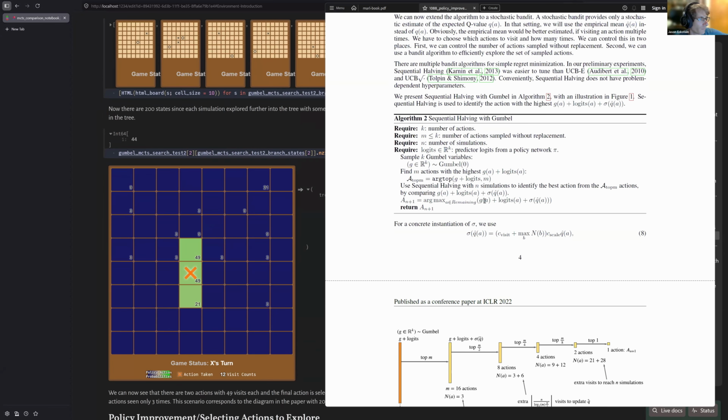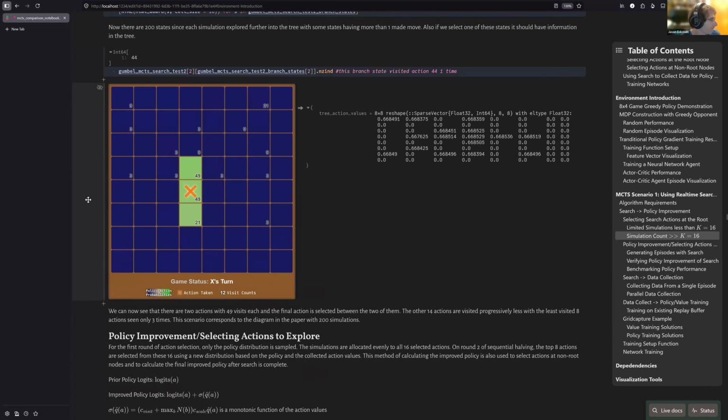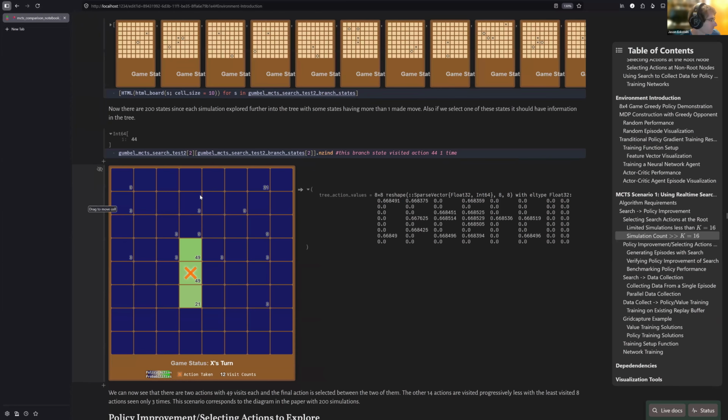Instead of just sampling from the distribution that we started with, after every round, we also now have information from the Q values. And that information is then used to update how we're sampling, and refocus the samples based on the action value information that we've received. Okay, so that's how the halving procedure works.